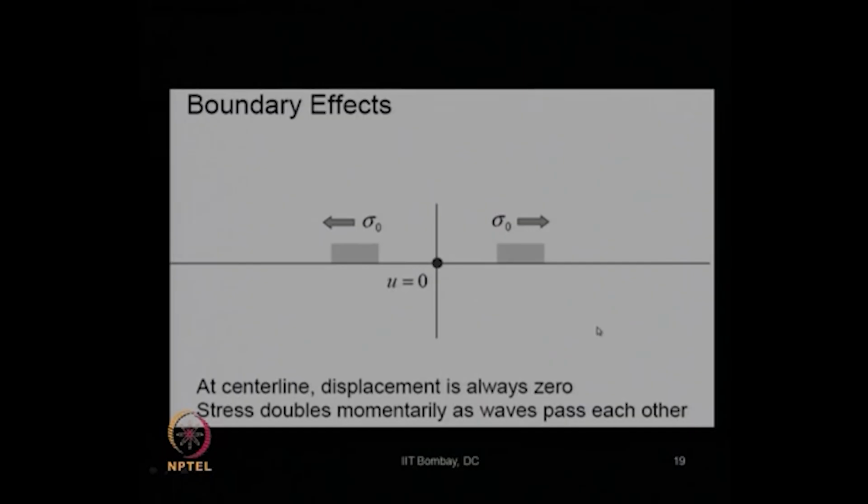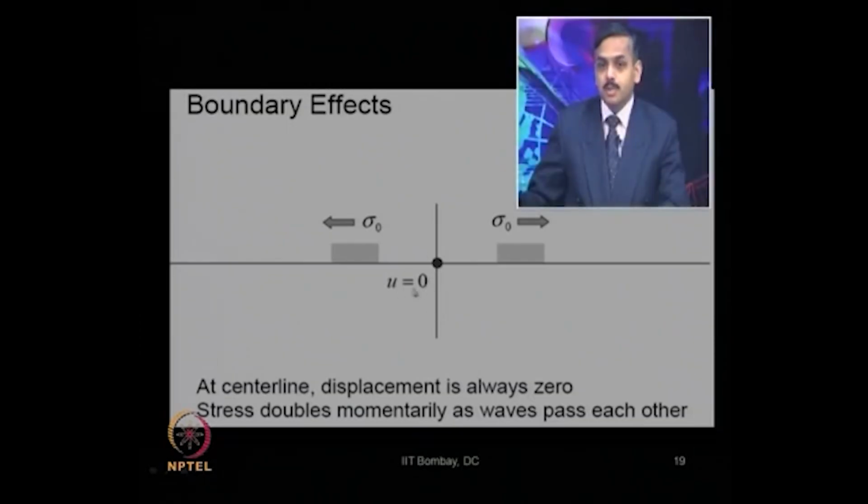This slide says at the center line, suppose we have a boundary like this. At the center line, the displacement is always 0. What happens if the displacement is 0 in this way? The stresses get doubled momentarily as the waves pass each other, that is two waves are passing each other.